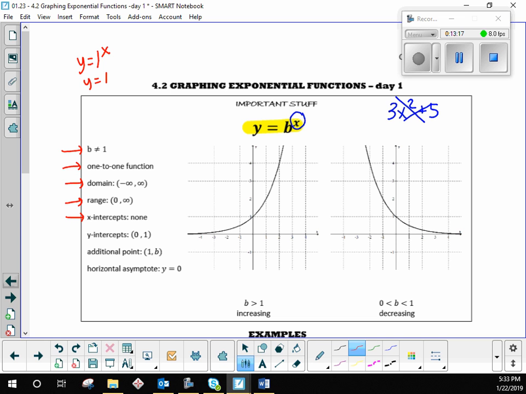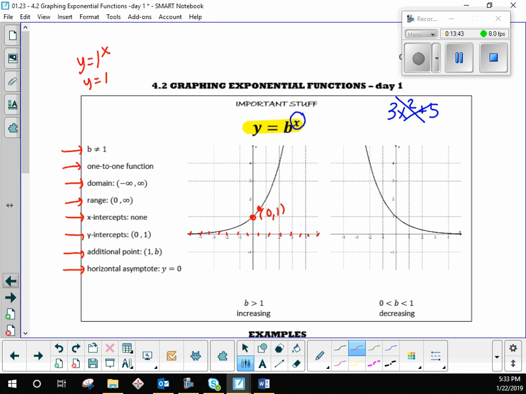X-intercepts, none, because it will never cross the x-axis. The y-intercept will always be 0, 1, no matter what the base is, and we talked about that already. There will always be this additional point, 1, comma, and then your b value, which is your base, and there will always be this horizontal asymptote at y equals 0. So here's y equals 0. Here's 0, 1.